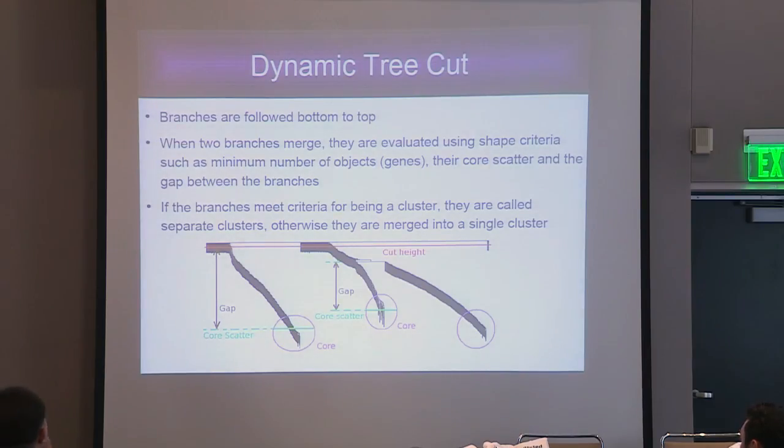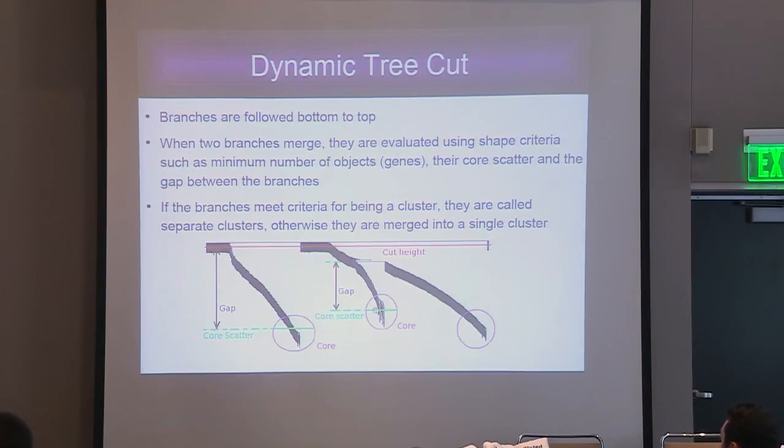So what the function does, it looks at several statistics. For example, here's a slightly more complicated example. Take these two branches, they're built up, and then here they merge, and the question is, are they separate enough? The function looks at statistics like what we call the gap, which is the distance between the few lowest merges at the bottom of the branch and where the two branches merge. If the gap is big enough, then that means the clusters are separate enough.